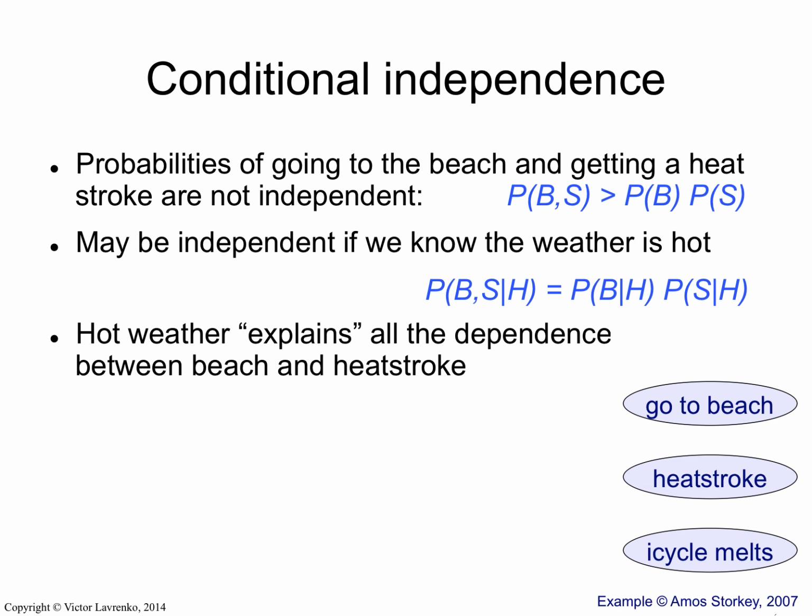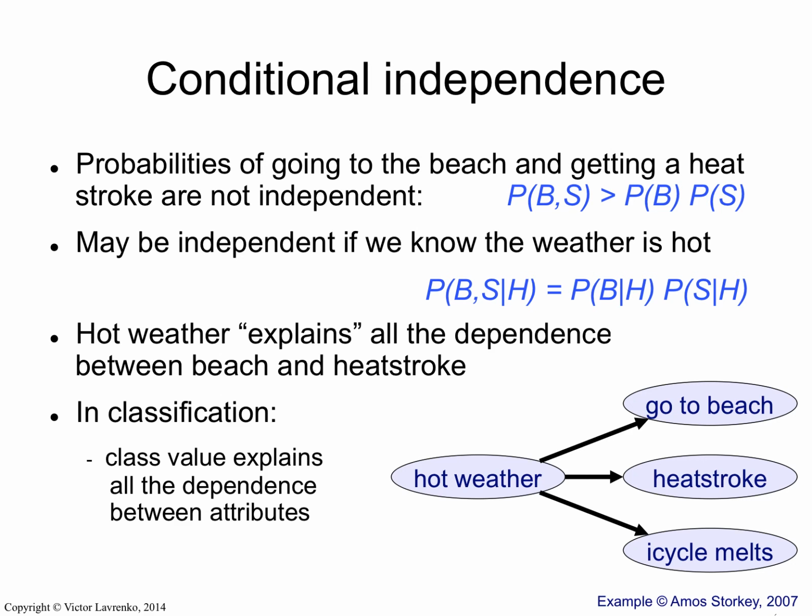So that's conditional independence. And the idea there is, yes, there is a connection between going to the beach and getting a heat stroke, but all of that connection is explained by this hidden hot weather event.